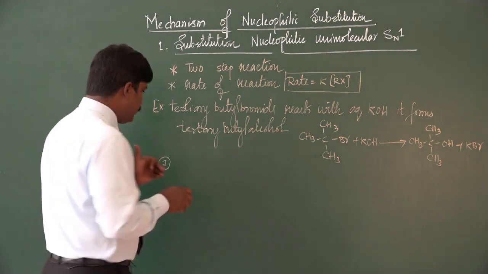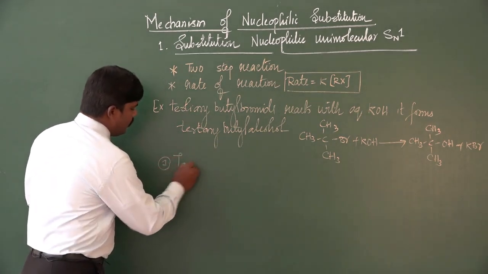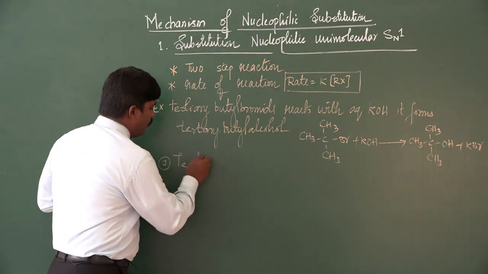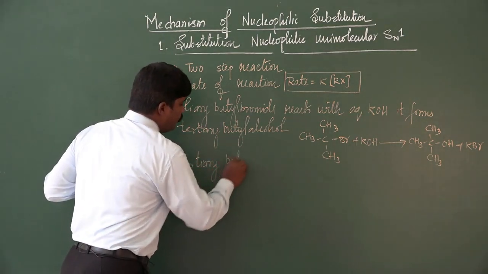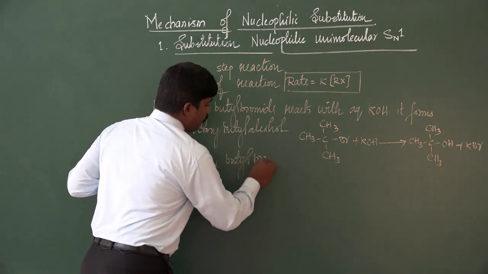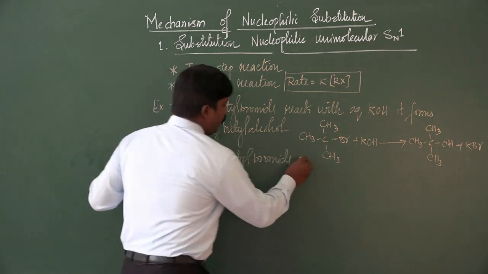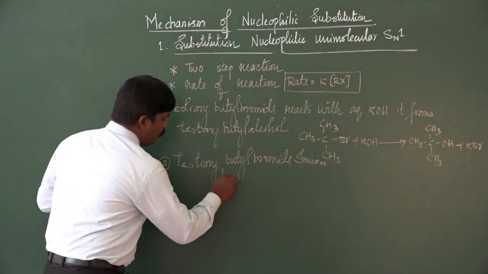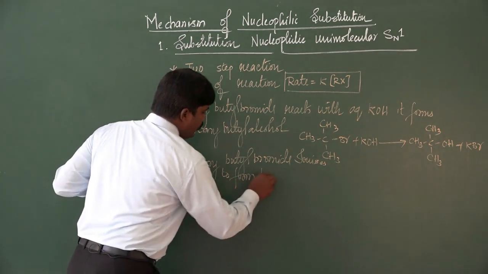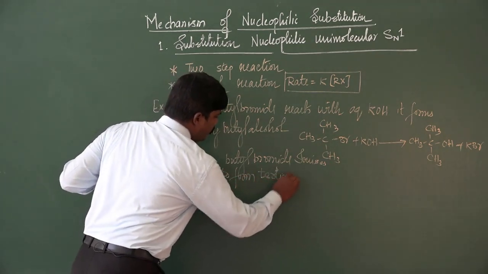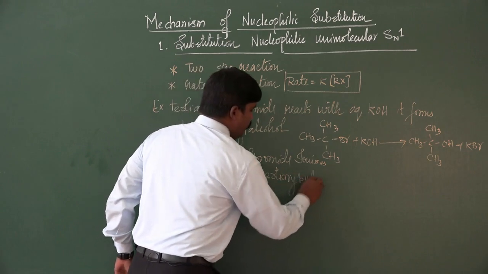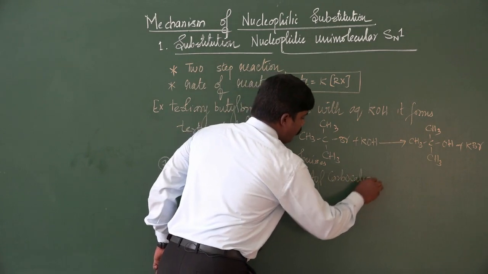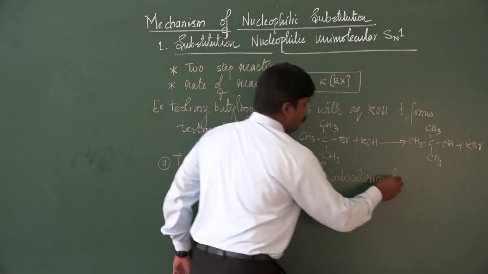So step 1: tertiary butyl bromide ionizes to form tertiary butyl carbocation and bromide ion.